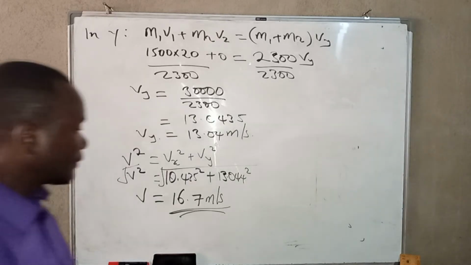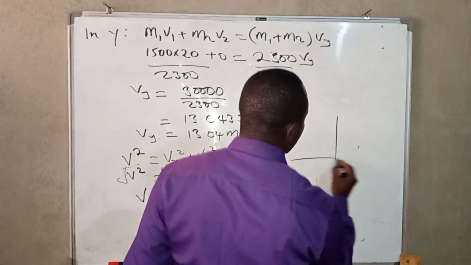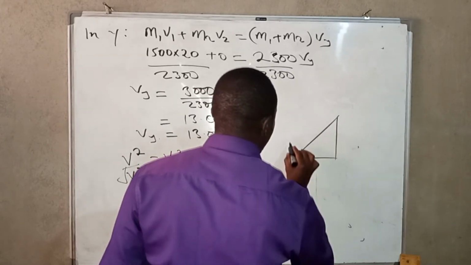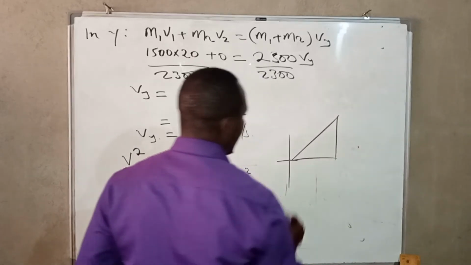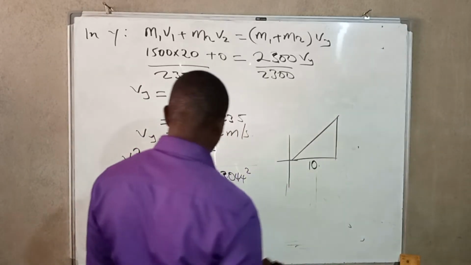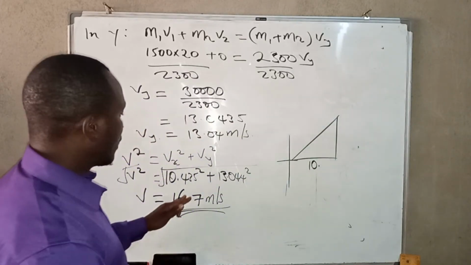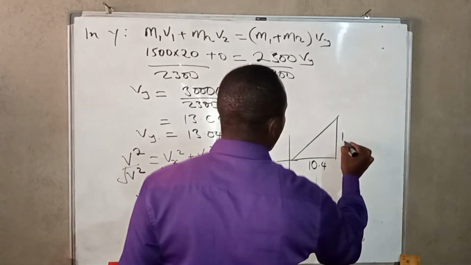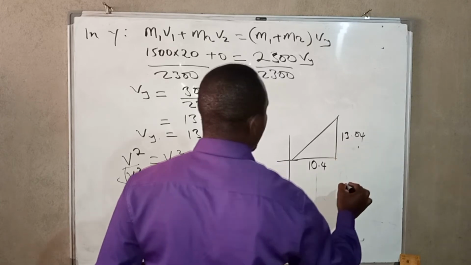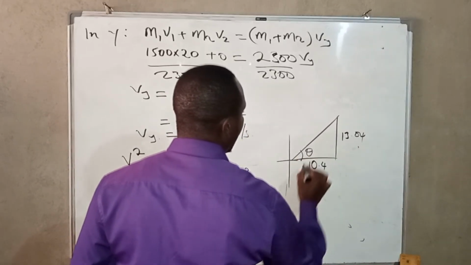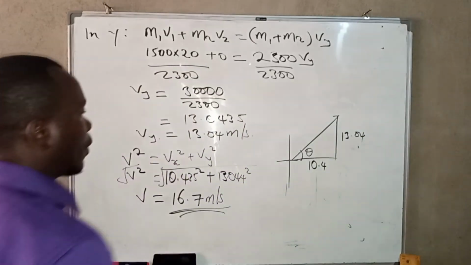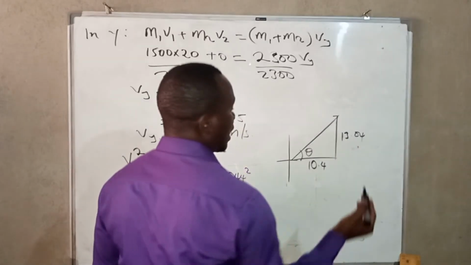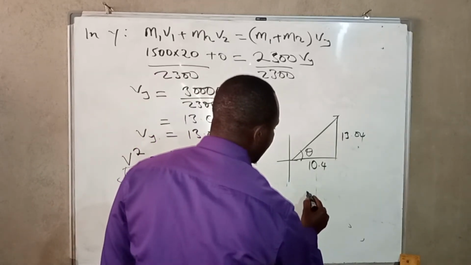Now for the direction. Let us say this is the compass. Here we have 10.435, and here we have 13.04. So let us find this angle here. When we use the trig ratios, let's use tan.